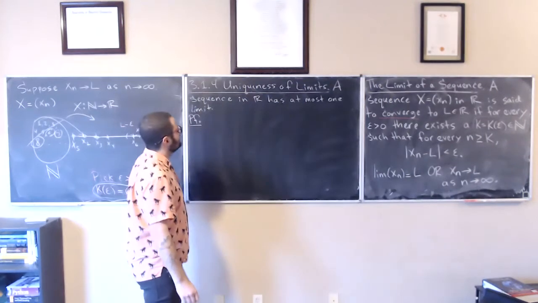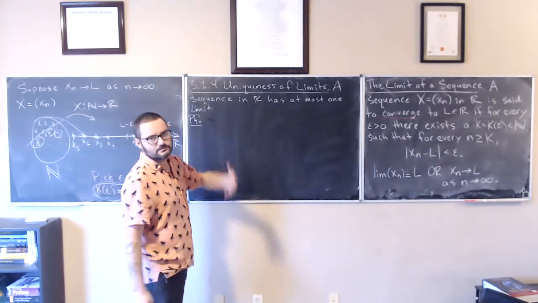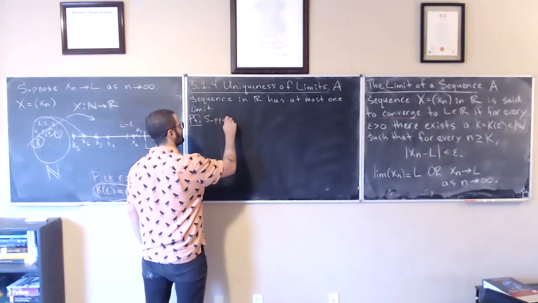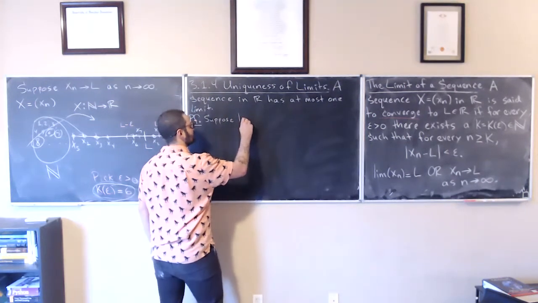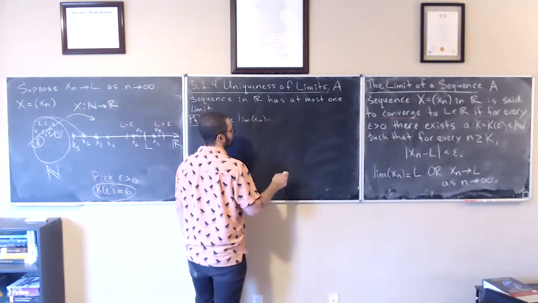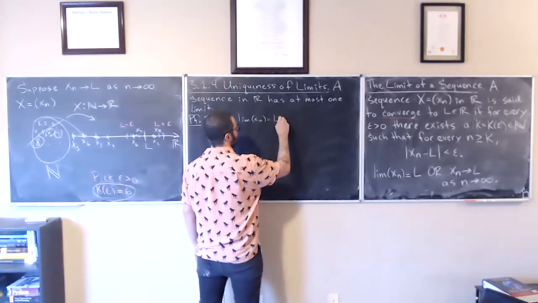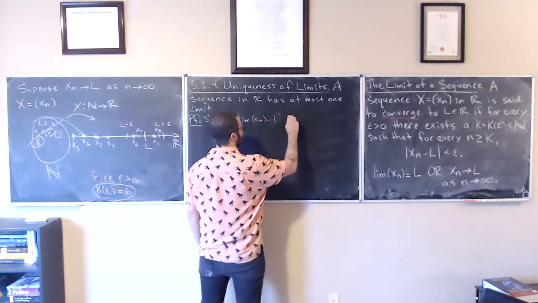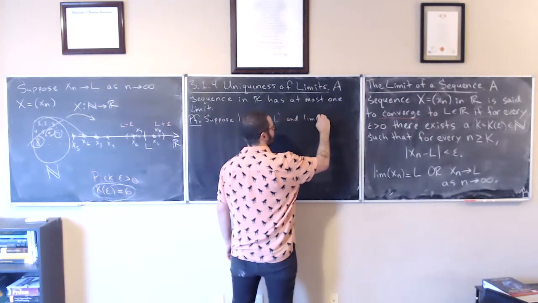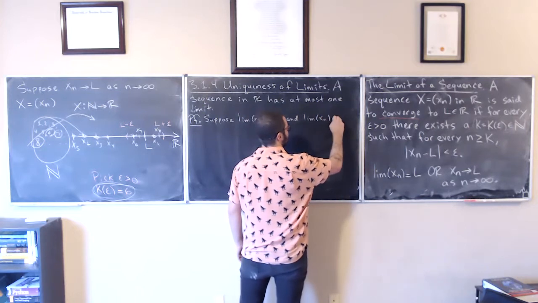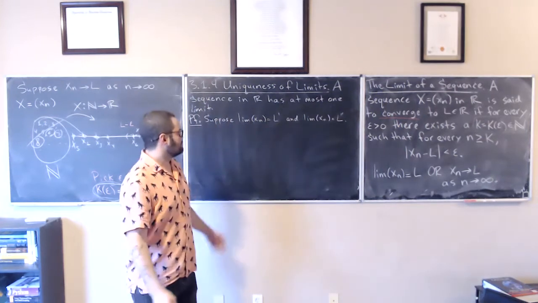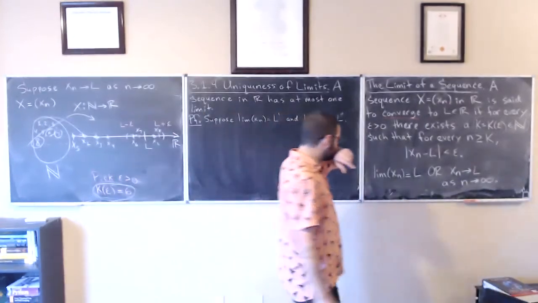So suppose that a sequence has two limits. Suppose the limit of xn equals L prime, and at the same time, the limit of that sequence equals L double prime.